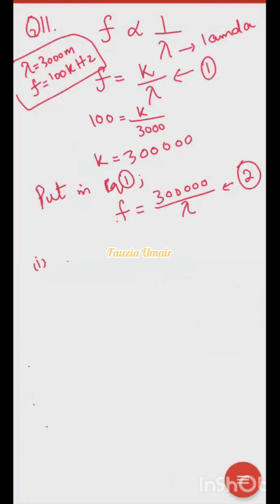We need to find out the frequency when lambda is 500 meters. This is what we need to do. So now we can use the values in this equation too. Frequency is the unknown, and we put 300,000 divided by 500.